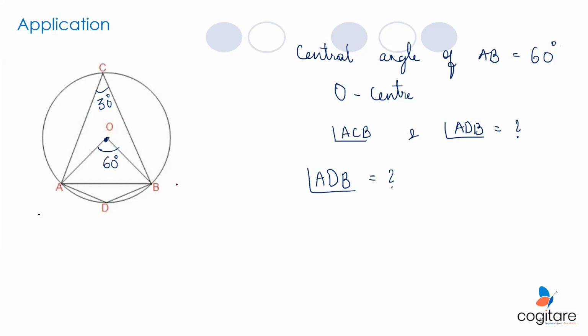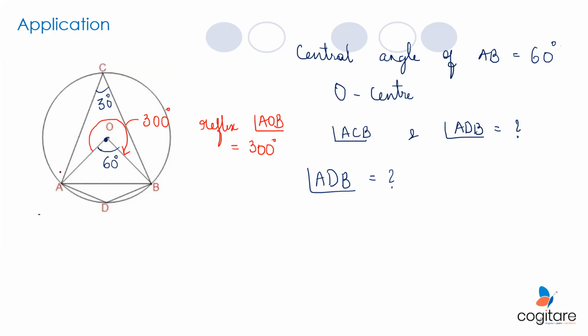If angle AOB is 60, then this reflex angle is going to be 300 degrees, right? Because angles around a point add up to 360. So reflex AOB is 360 minus 60, which is 300.